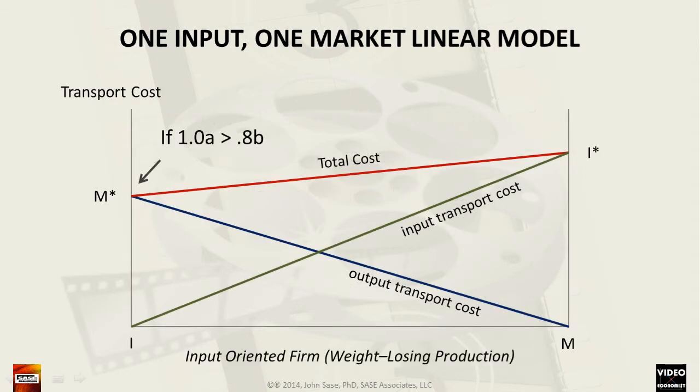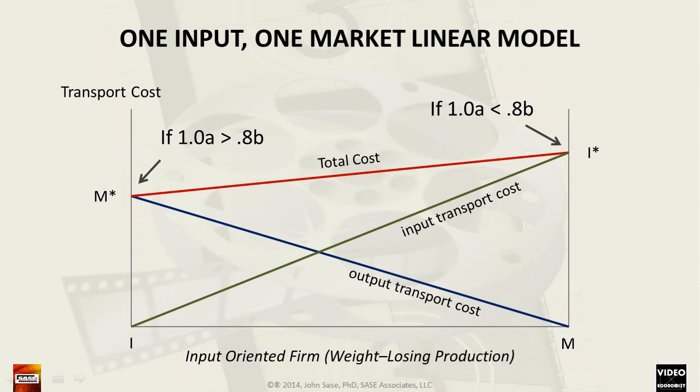Therefore, if 1.0A is greater than 0.8B, the optimal location for production of wine is at the vineyard. However, if 1.0A is less than 0.8B, the optimal location shifts to the market. One final comment.